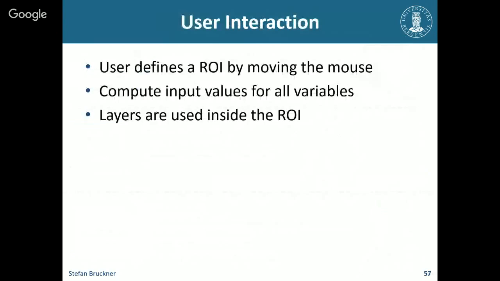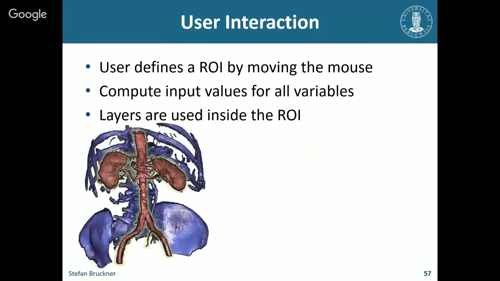And our user interaction should be very simple. The user only has to specify using the mouse cursor what he's interested in, and from that we want to deduce the best way to show this part of the image.